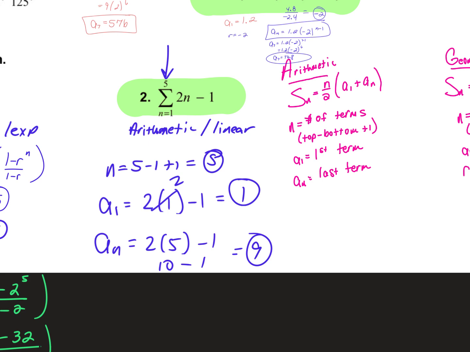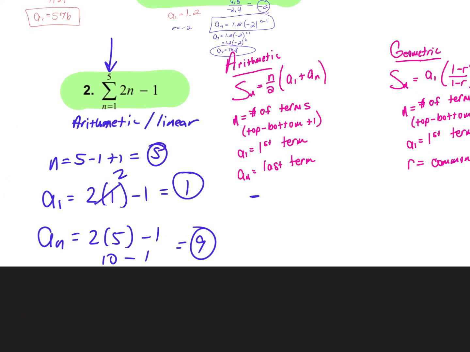And then we're just going to throw it into the formula. So I have n over 2, however you want to say it. What's the number of numbers? I have 5 over 2 times, what's the first term? 1 plus the last term, which is 9.